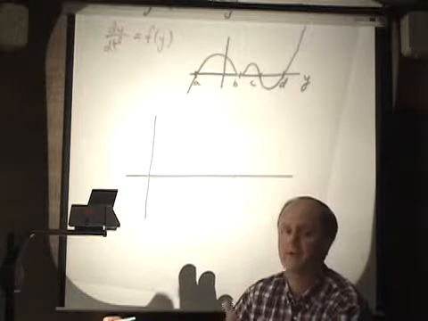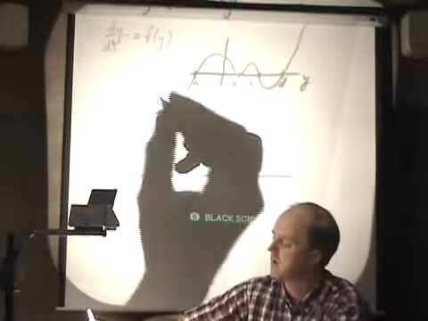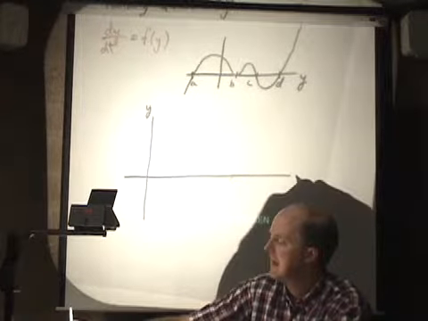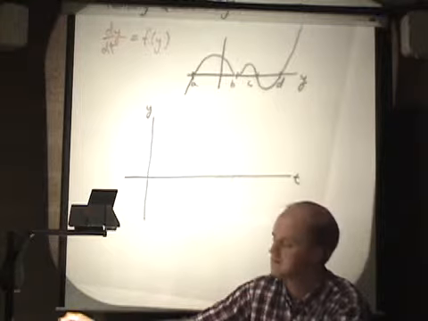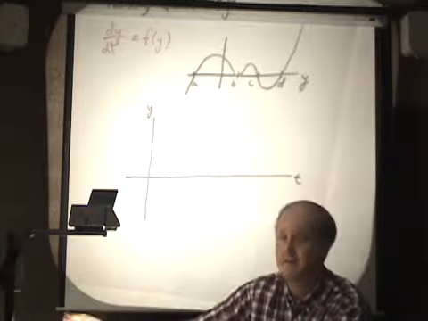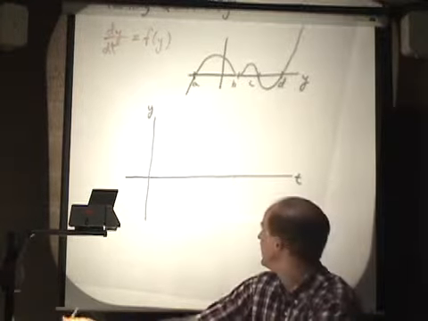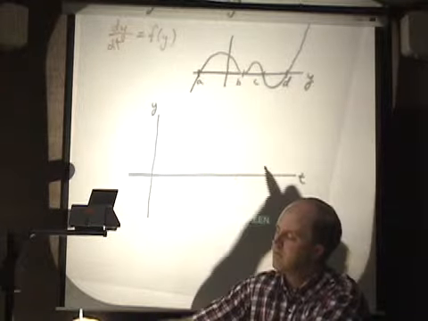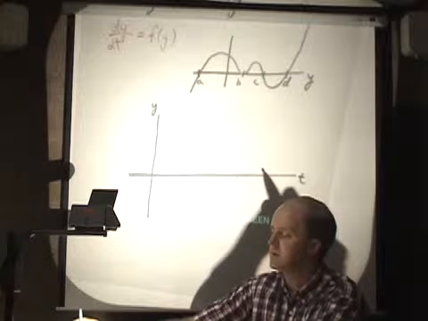Think about how we've labeled graphs of slope fields before. We've put y on the vertical axis and t on the horizontal axis. Time is explicitly in this particular graph. Think about equilibrium solutions.